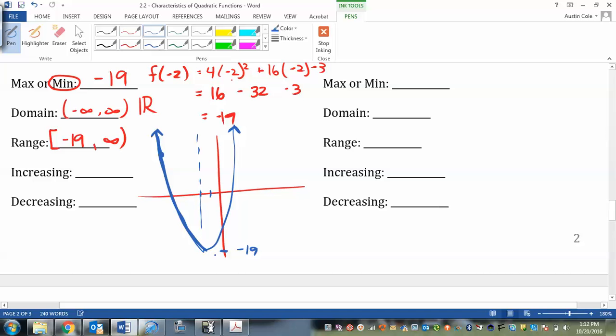Okay, so where am I decreasing? Well, I'm decreasing to the left of the axis of symmetry. So I'm decreasing from negative infinity to where?